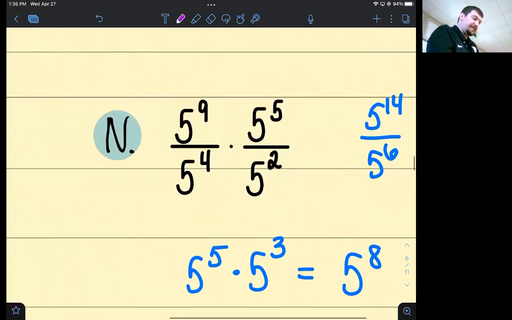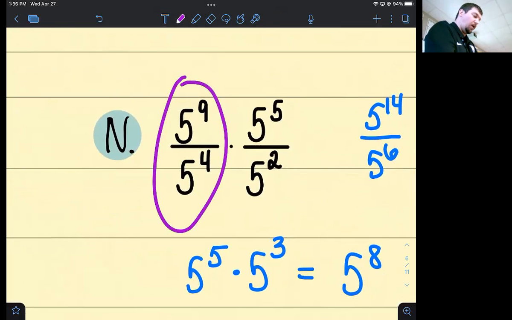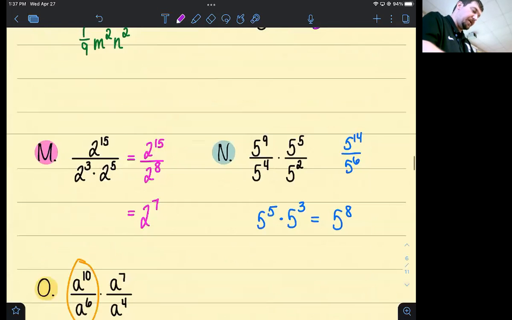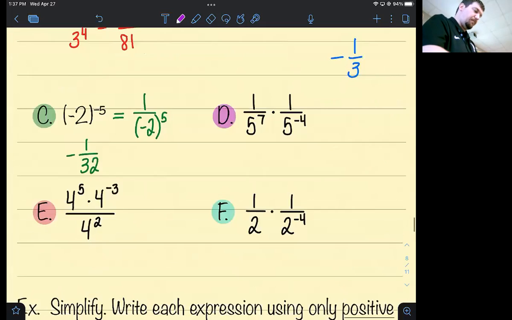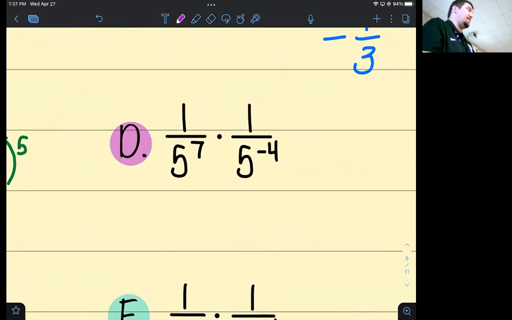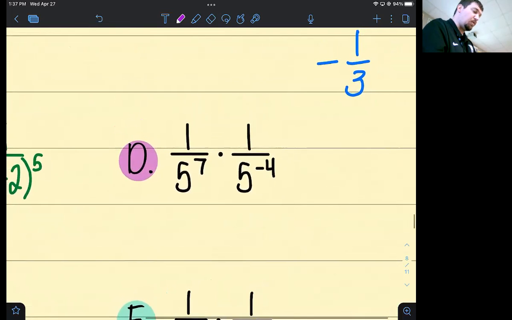We have the option to simplify each fraction or multiply across top and then multiply across bottom and then simplify. So we have a couple different ways we could do this one. For example D, it might be easier just to multiply across the top and bottom. What's 1 times 1? 1.